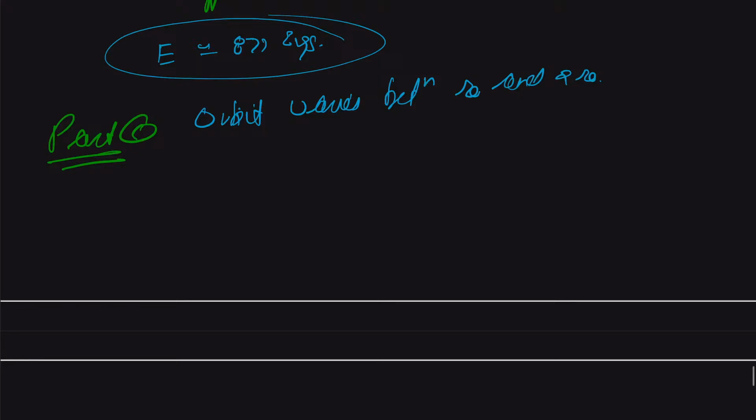So it means the minimum radius is R0 and the maximum is twice R0. So we can call this R minimum, and this R maximum.